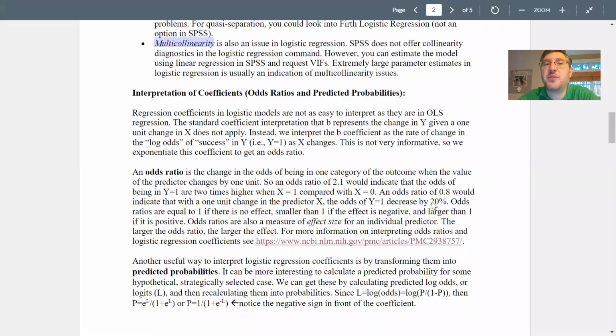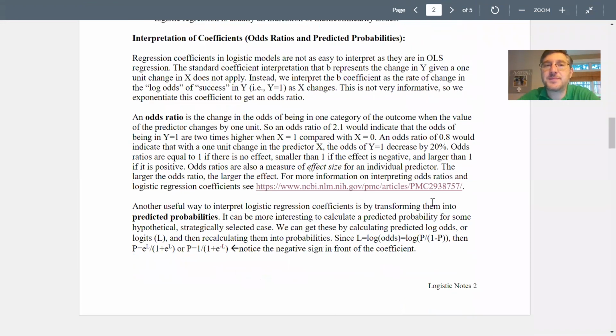So interpreting the coefficients in logistic regression, they're not as nice and interpretable as they were in OLS regression. Remember, in OLS regression, we interpreted the unstandardized coefficient as a 1 unit change in our X variable corresponding to a B unit change in our outcome.